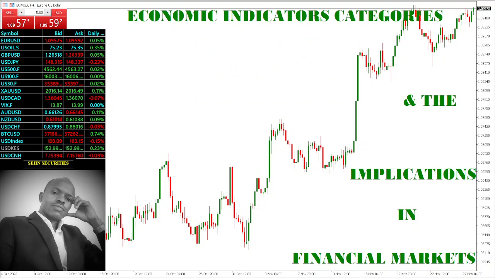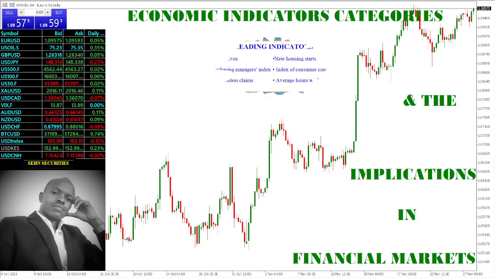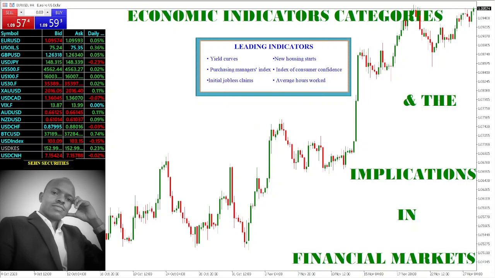Another leading indicator is the Purchasing Managers Index. Usually, the Purchasing Managers Index summarizes whether business conditions, according to the eyes of the purchasing managers, are expanding, staying the same, or contracting.